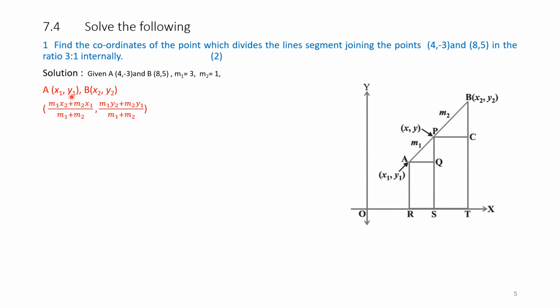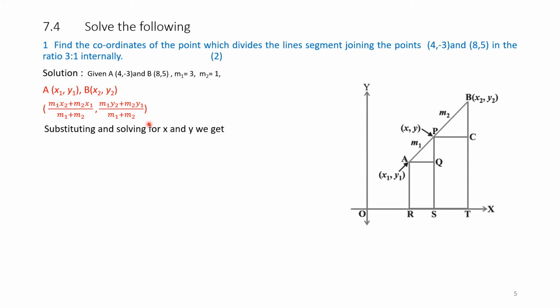So A (x1, y1) and B (x2, y2) is given by the formula (m1 x2 plus m2 x1) divided by (m1 plus m2), and (m1 y2 plus m2 y1) divided by (m1 plus m2).